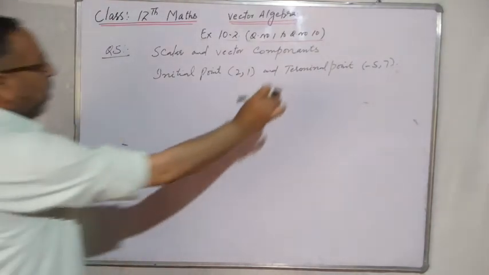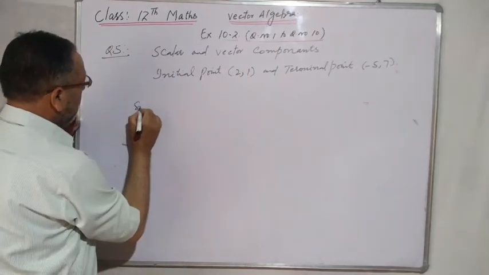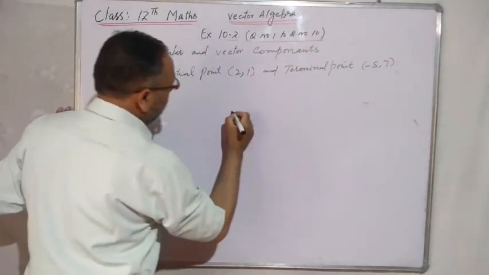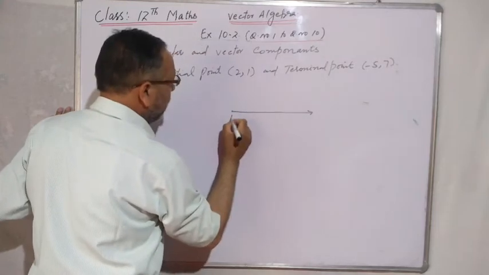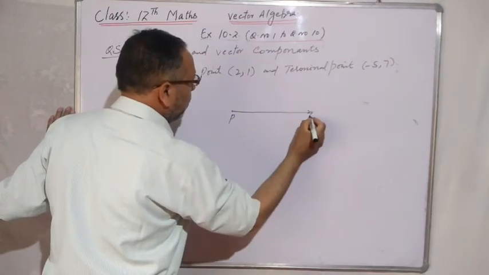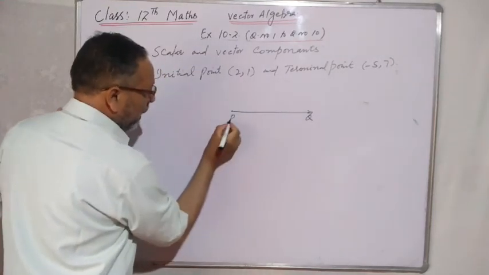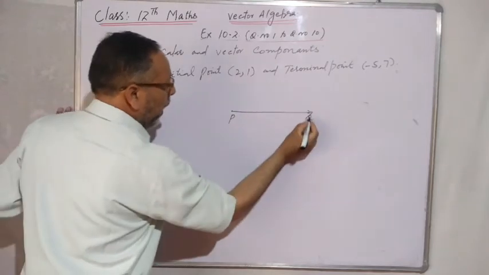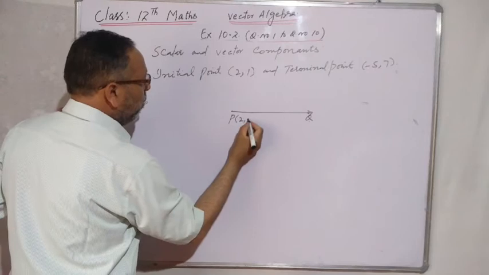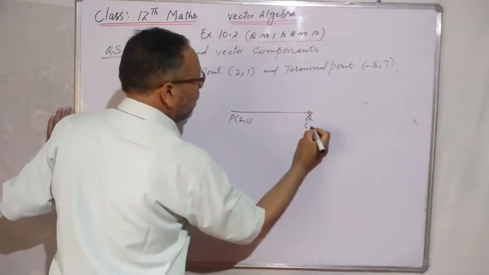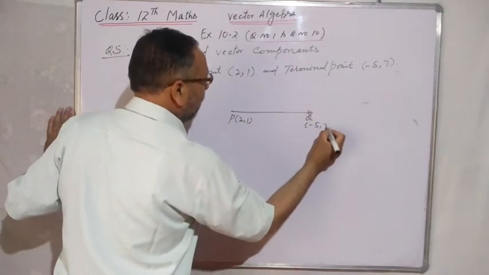Now see it. Let me suppose there is a vector PQ. Here the initial point is P and the terminal point is Q. Initial point P is (2, 1) and Q is (minus 5, 7).